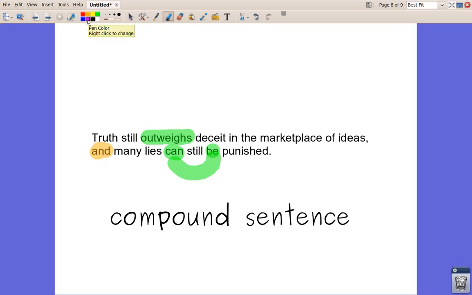How about our subjects? In the first sentence, it's truth. And our second, lies. Truth outweighs, lies can be. And they're smushed together with a conjunction, so we have a compound sentence.